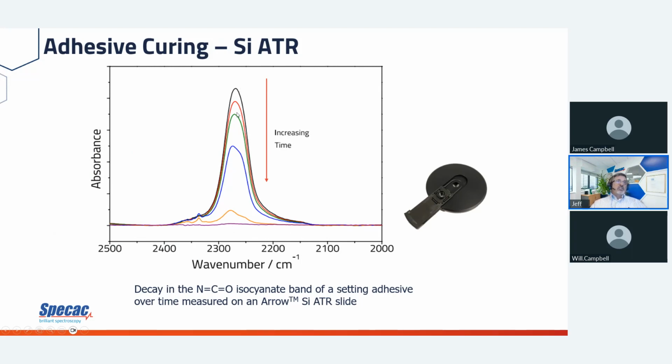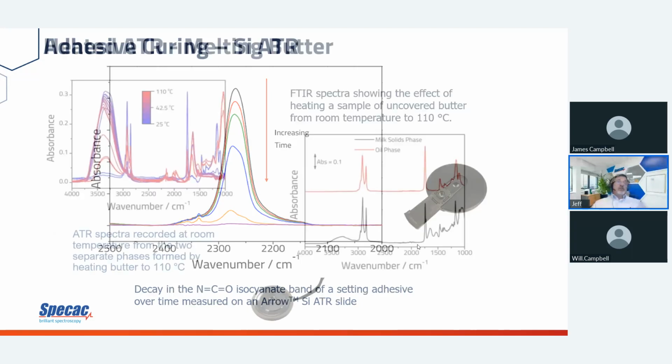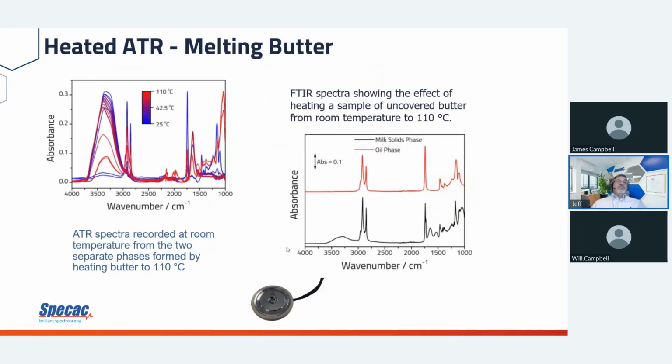It starts off probably pretty quick, and then this is over the last bit of time there. And the nice thing about it is you have an accessory like the Quest with the Arrow combination to be able to do this and free up your bench for other processes.